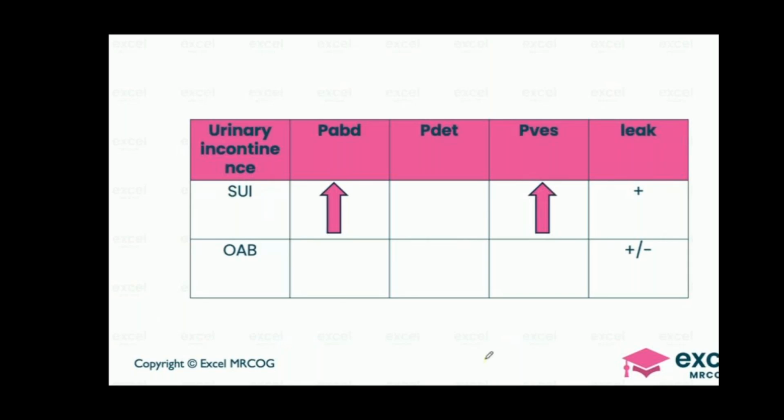So in OAB, you will have your P det increasing while the bladder is being filled. P det obviously will increase when the bladder is full and you want to void. And you void. Then the P detrusor will increase. But there should not be an increase in P det beyond 15 centimeters in the filling time. However, if that happens, that means there is OAB.